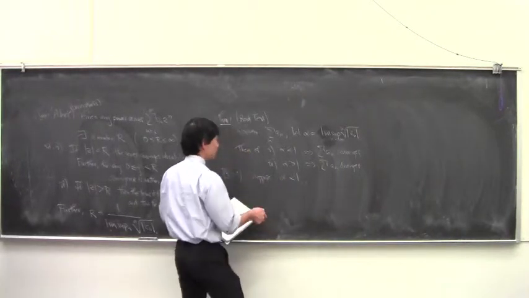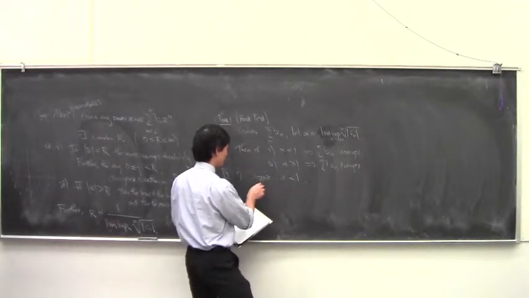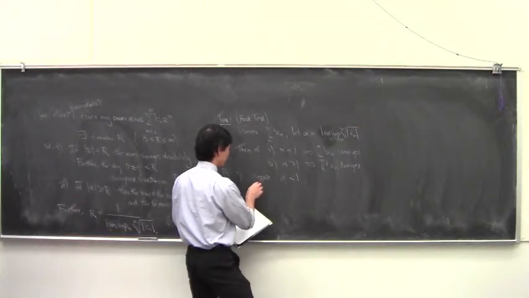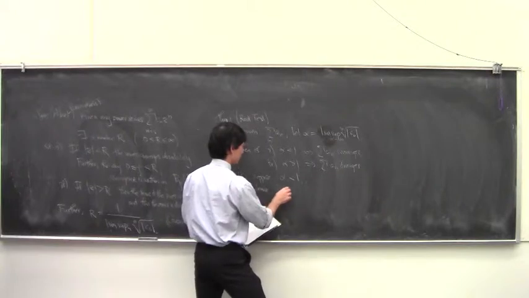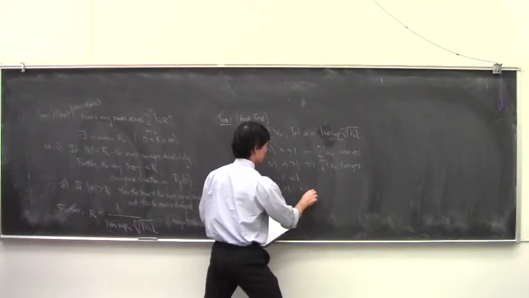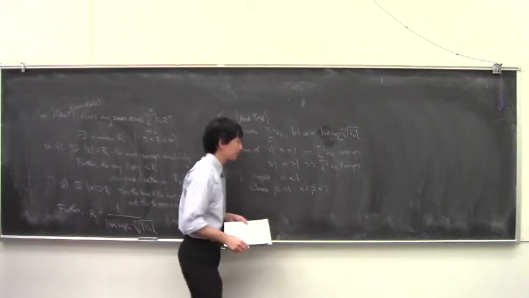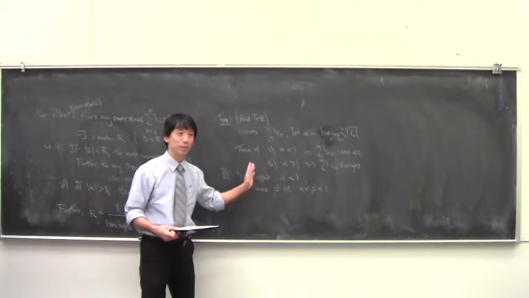In particular, choose a beta such that alpha is less than beta is less than 1. So choose a beta that's less than 1 but bigger than alpha.